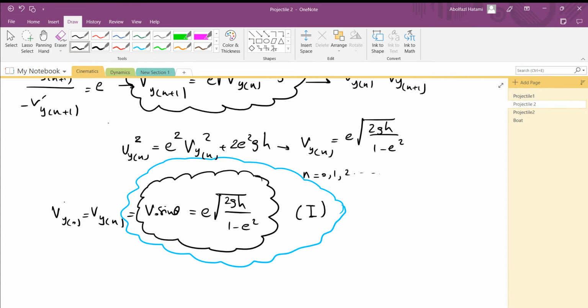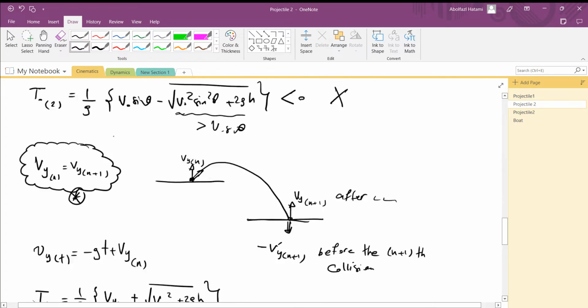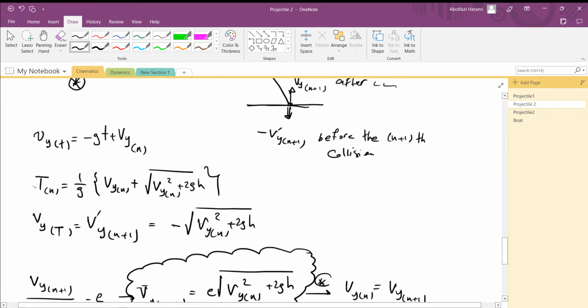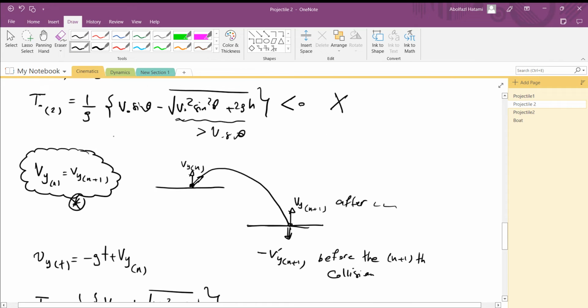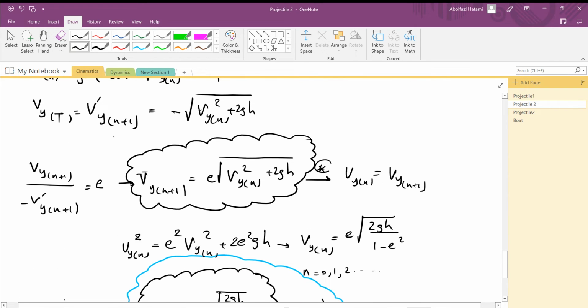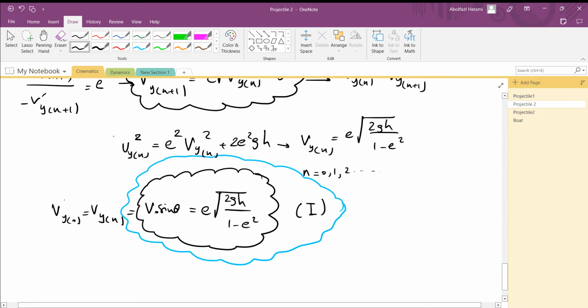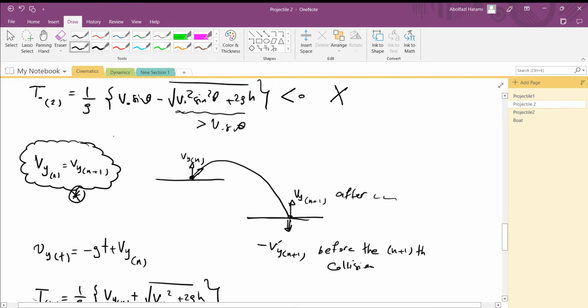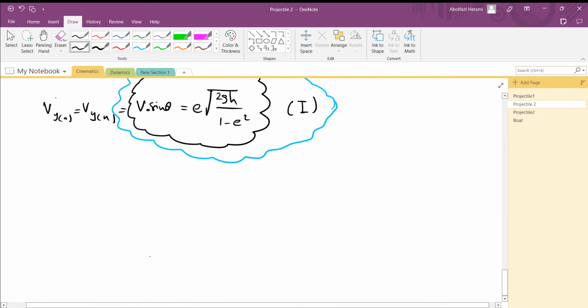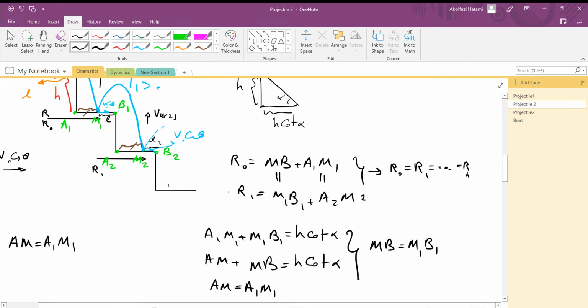But how can we obtain the other equation? Where should we obtain the other equation? We should obtain it from the fact that, look at here, our movement in the x direction was just equal to h cotangent of alpha.